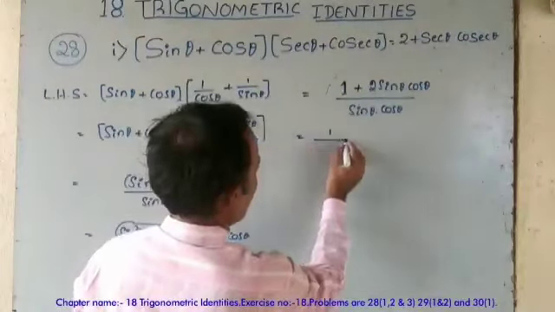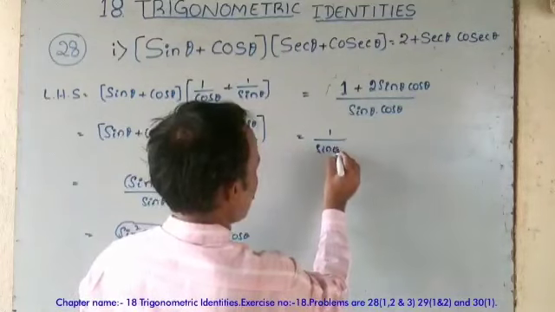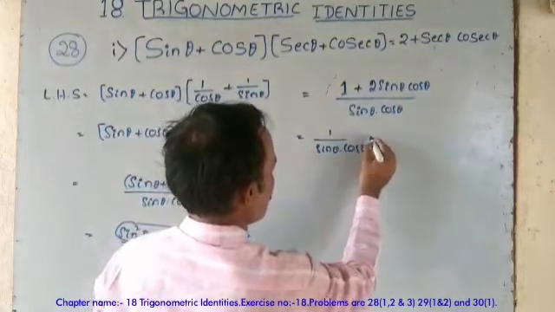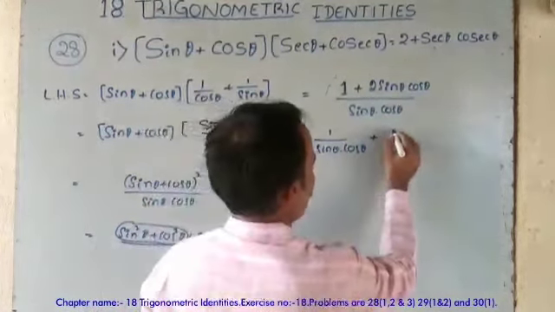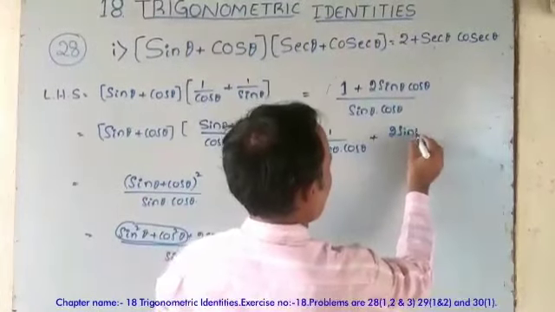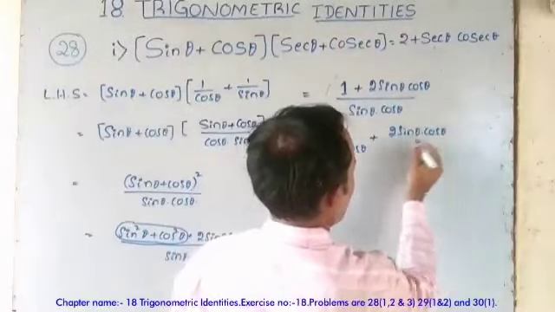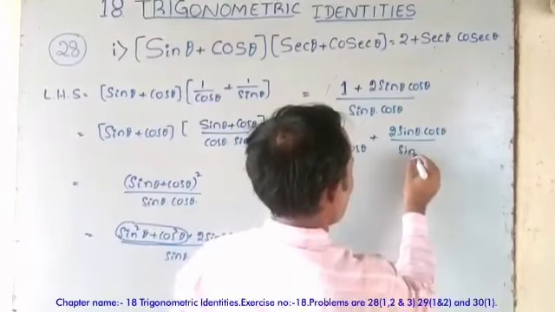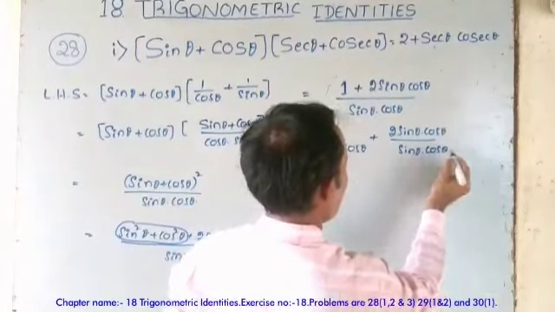So 1 divided by sin theta into cos theta plus 2 sin theta into cos theta divided by sin theta into cos theta.